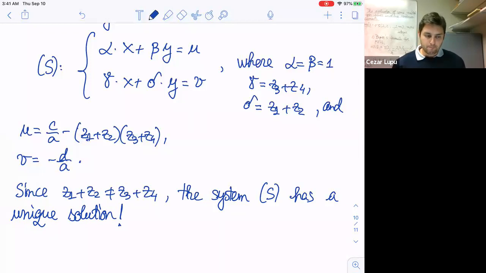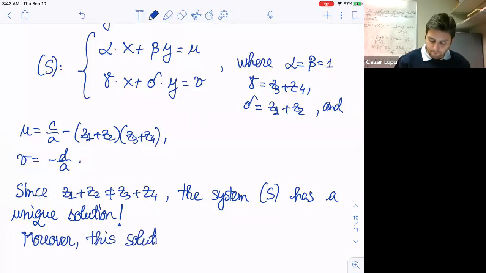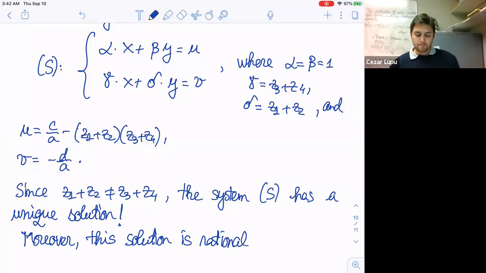And this solution, moreover, is rational, right?